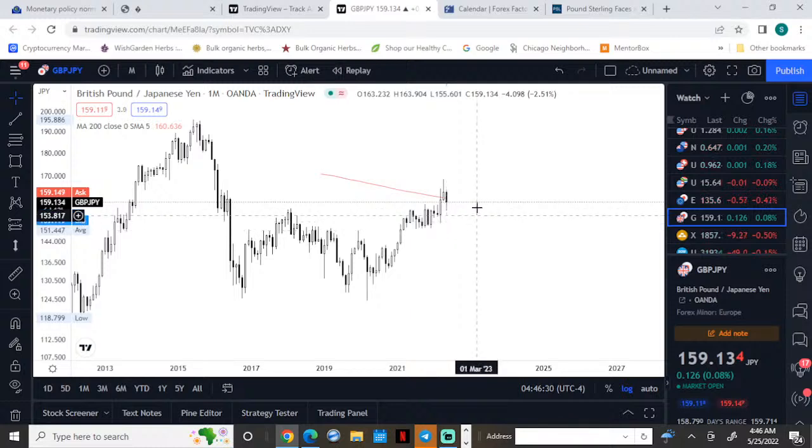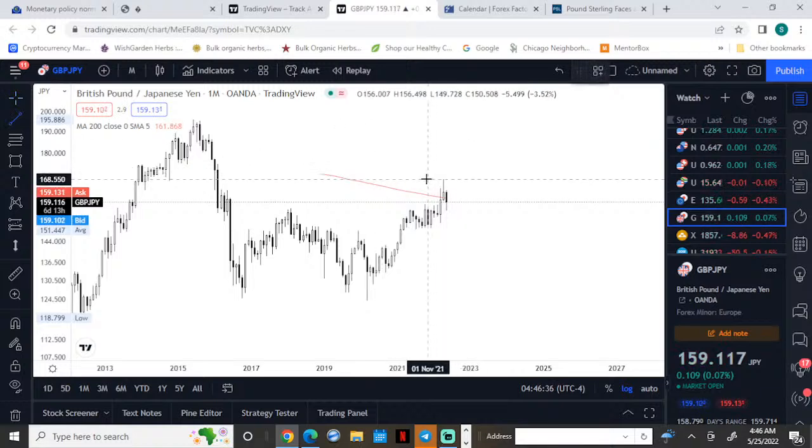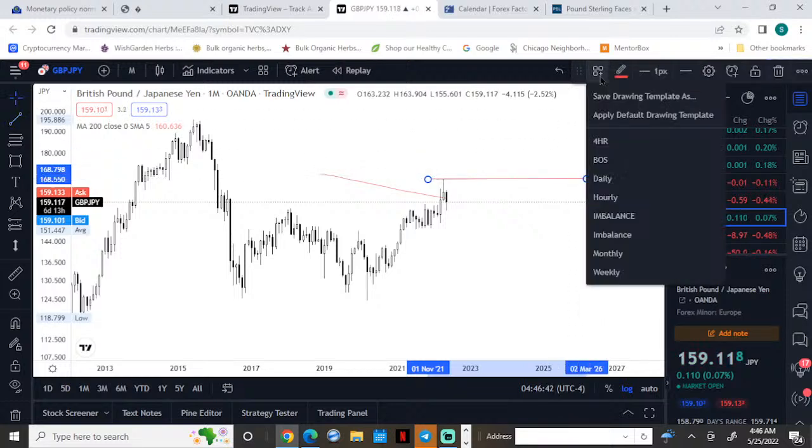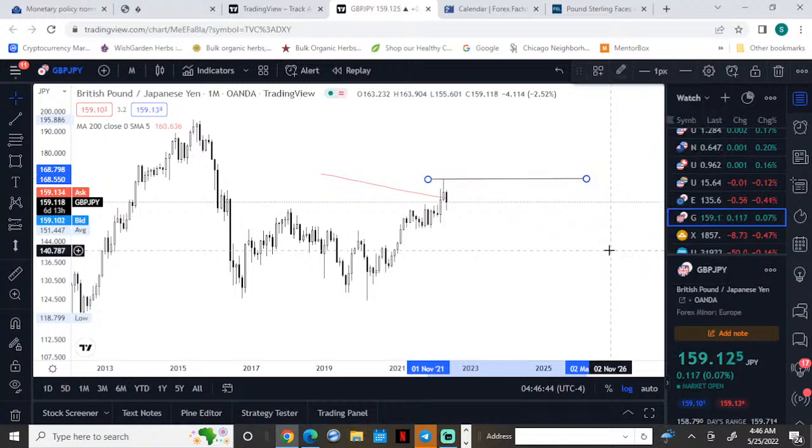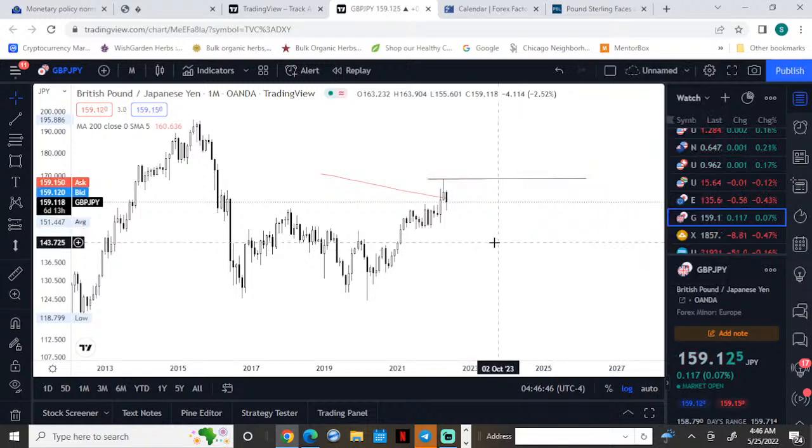May's price right here. I am going to mark the high of April. My monthly color is black. And I'm going to mark the low of March.